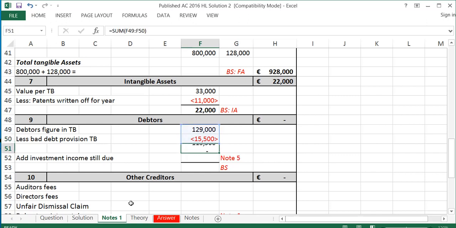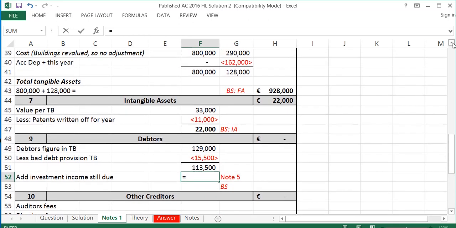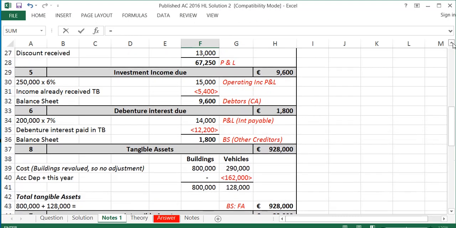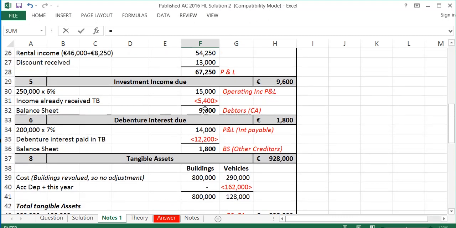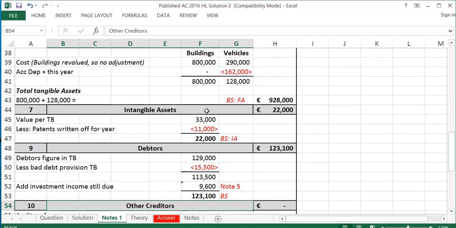And that will leave me with 113,500. Now I need to add my investment income that is still due, because that is still owed to us, so that's a debtor. You can see here from note 5, it's 9,600. So that will leave me with total debtors of 123,100.